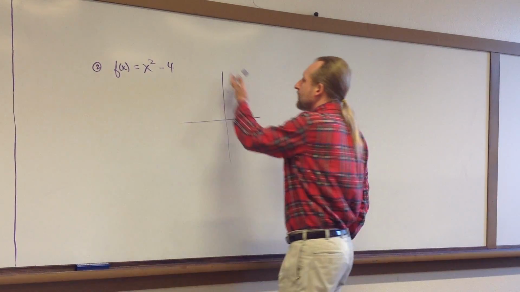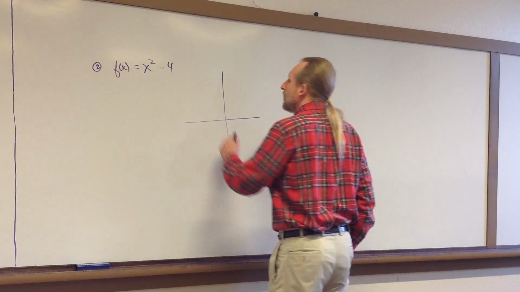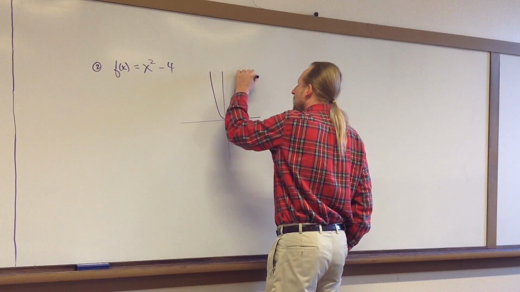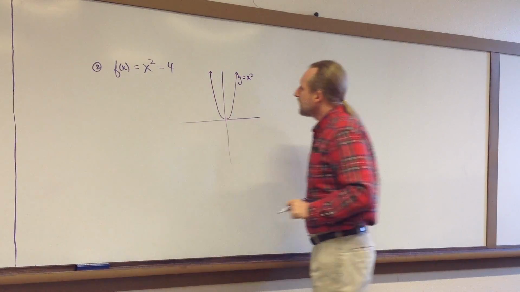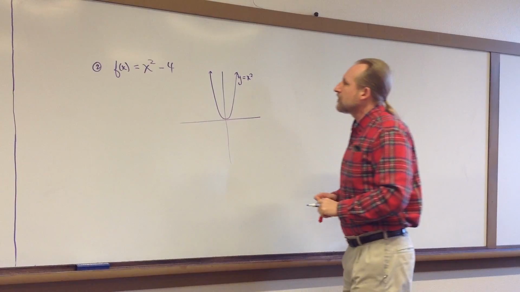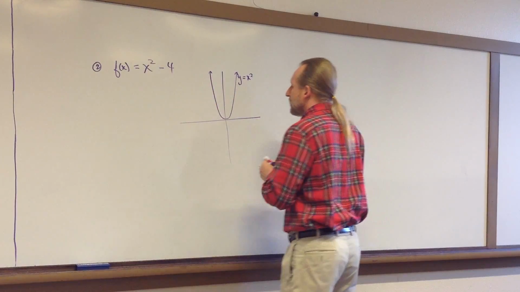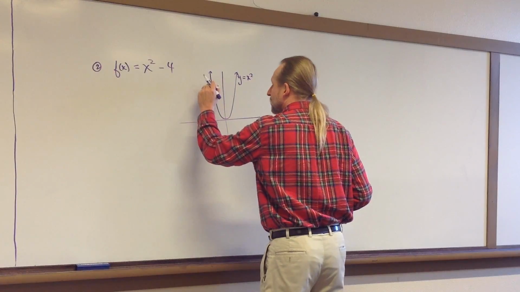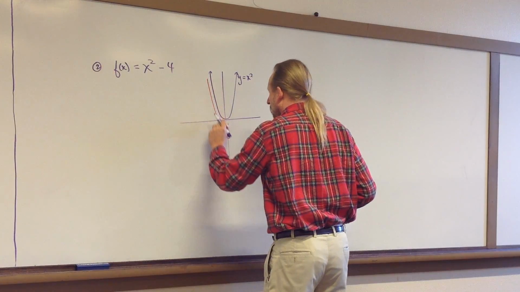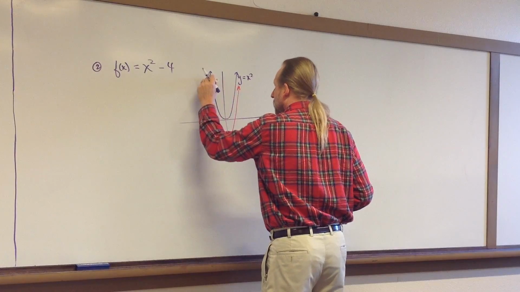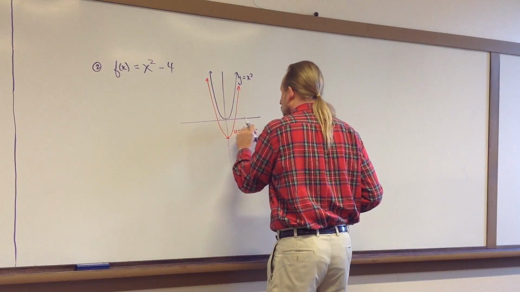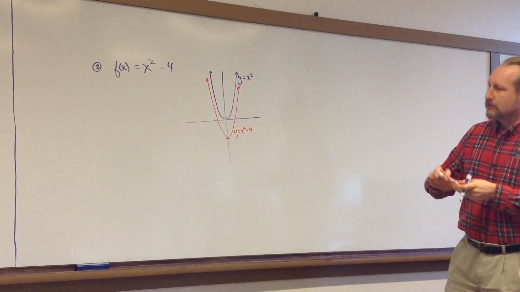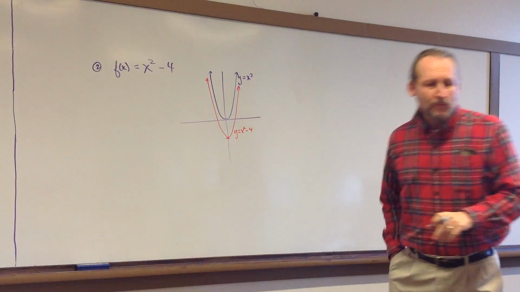But if we're just going to do a little sketch of this, we know the standard graph of y equals x squared is going to look something like this. Then y equals x squared minus 4. The vertex is going to move down to 0, negative 4. And there we go. That just gives us a general idea for what that graph is going to look like.